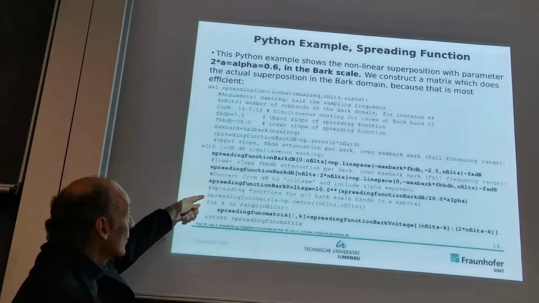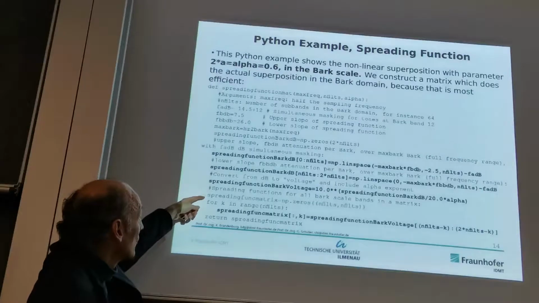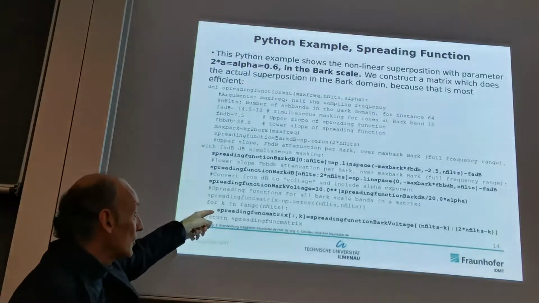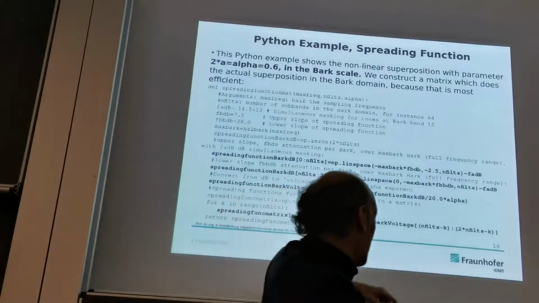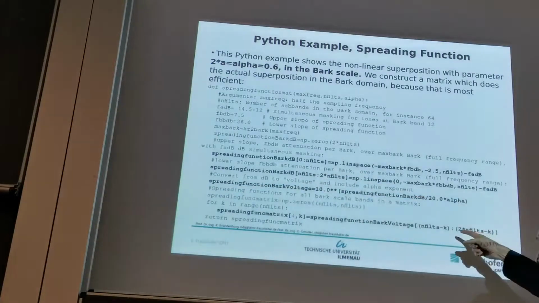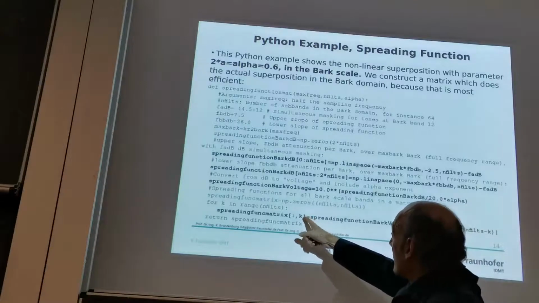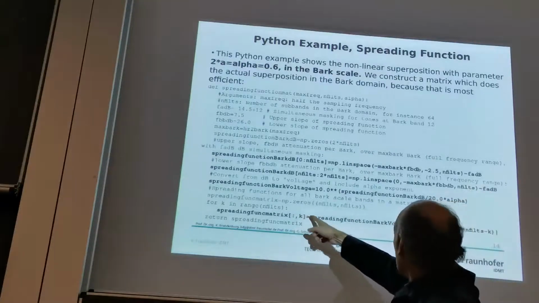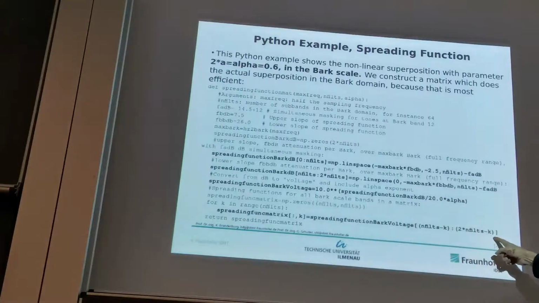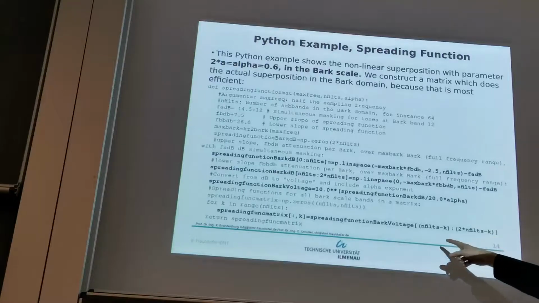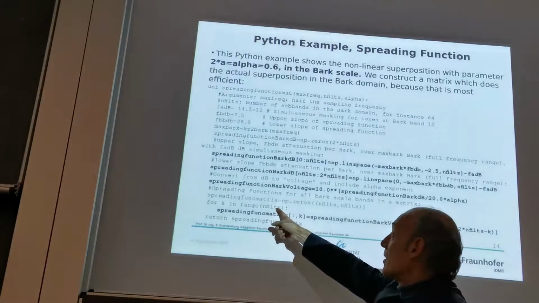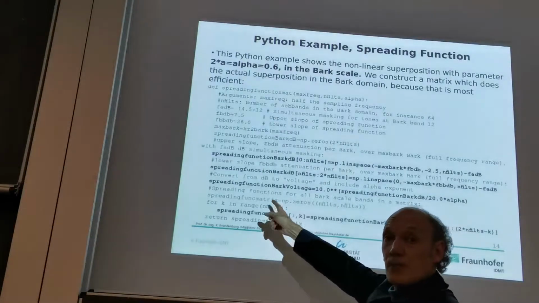Here I'm computing a spreading function matrix, which I then use for the summation. So basically I have a matrix, and each column contains the spreading function, and the spreading function is slightly shifted for each k. And k is basically our frequency index. So this k is the frequency index for our subbands in the Bark domain.